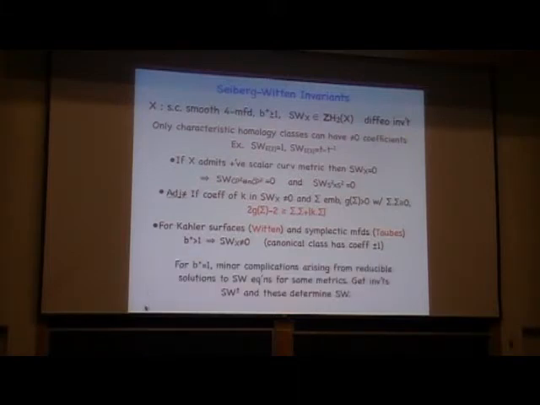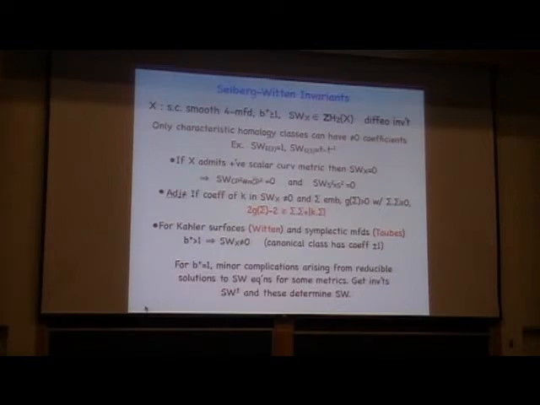And so here comes the fine print. Somehow the fine print affects us because I'm going to be talking about manifolds with B plus equals 1. There are complications that come from the fact that when B plus equals 1, you can have reducible solutions to the Seiberg-Witten equations that occur in one-parameter families of metrics.